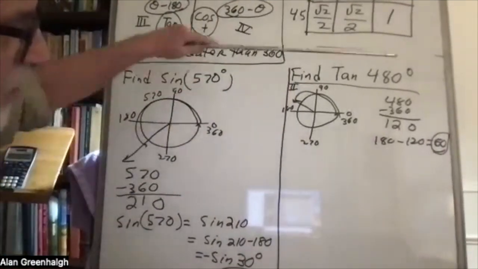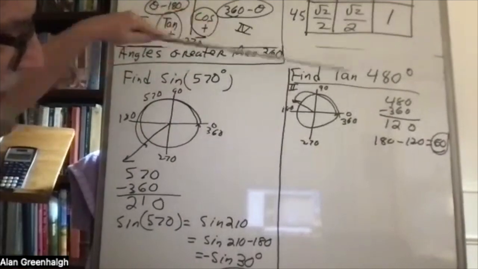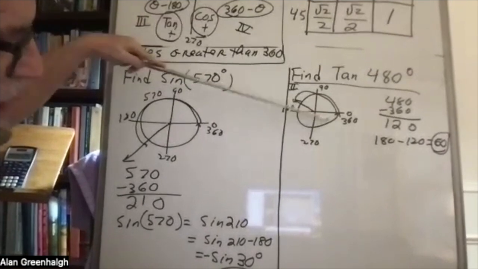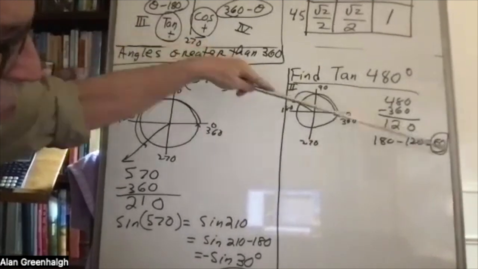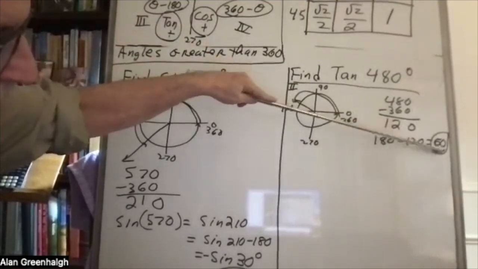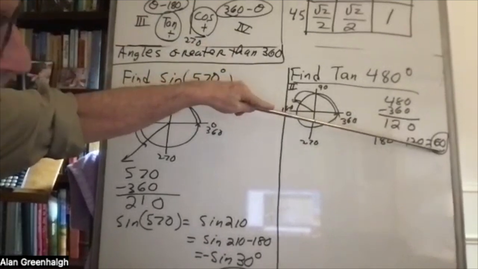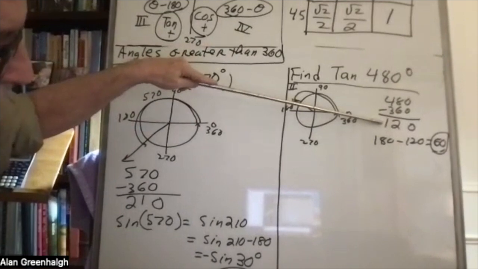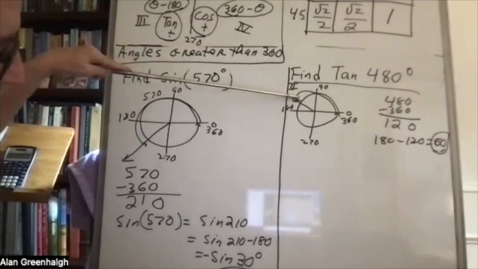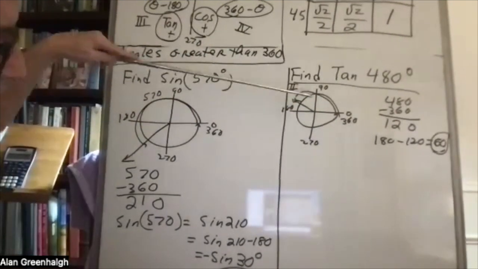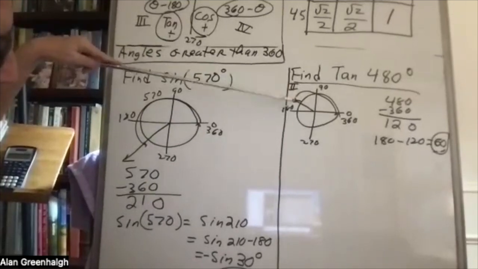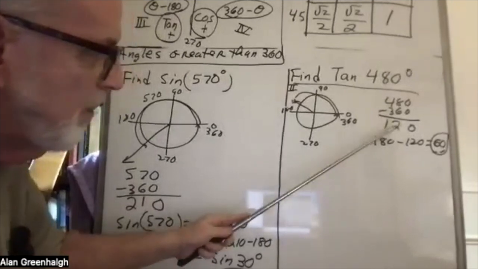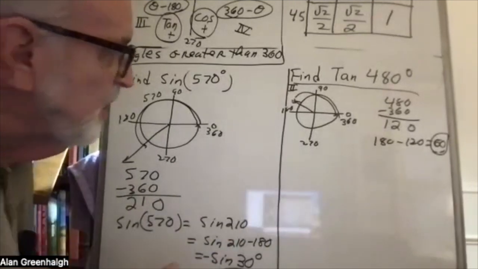The main thing with getting this angle is not simply sketching it. That's okay. But what you want to do is get it into a reference angle, an angle between 0 and 90. So you subtract 360, you get 120. It's in the second quadrant where you subtract the angle from 180. It's 180 minus x. 180 minus 120 is 60 degrees.